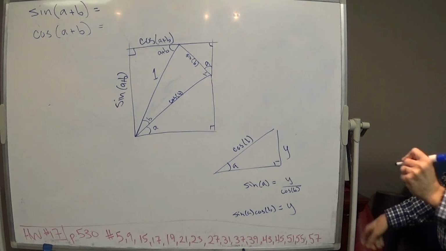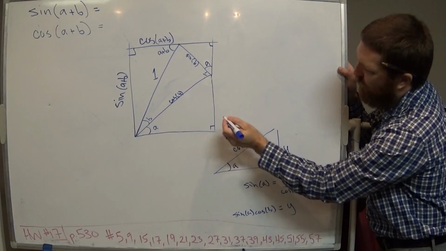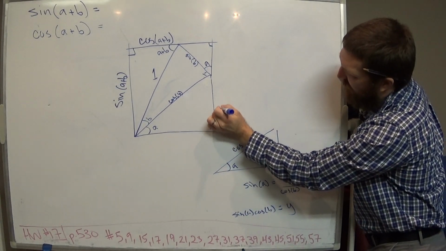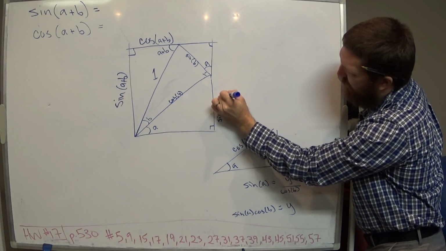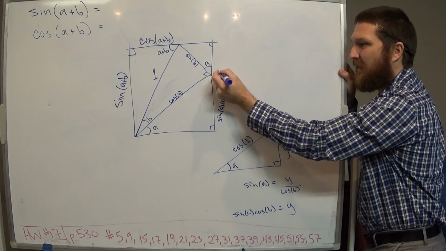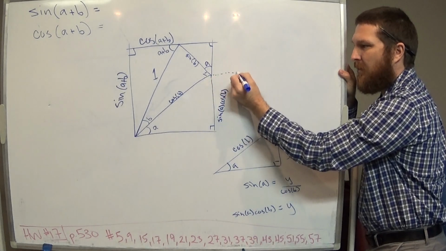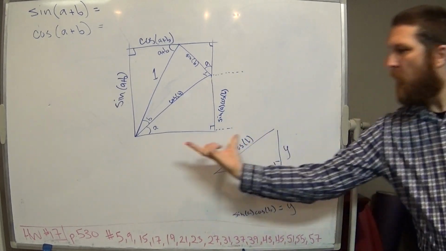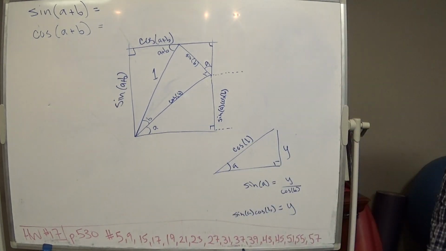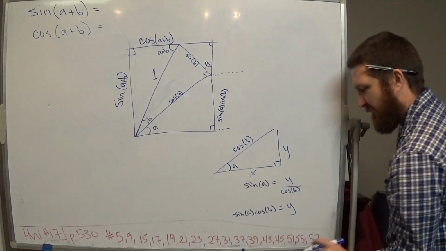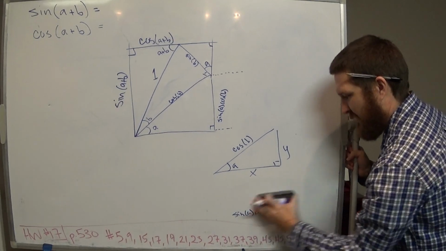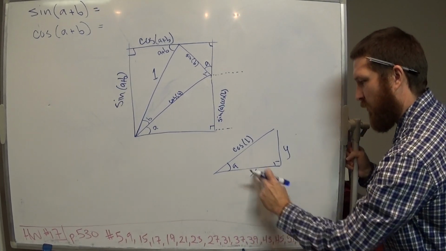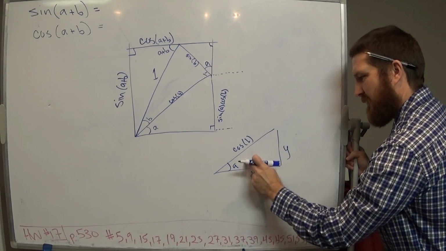And so, which one did we do? We did that one. This one is sine A cosine B, right there. That's that length from here to here. Okay, what about this one? Now we're trying to find the x, so what relates these three together?